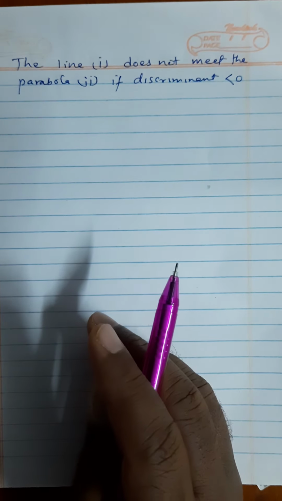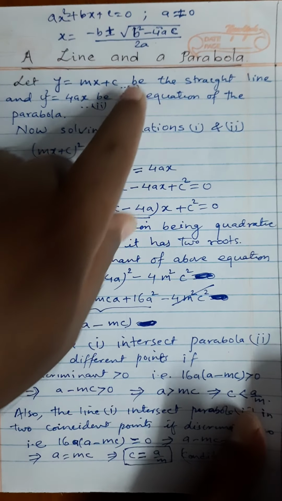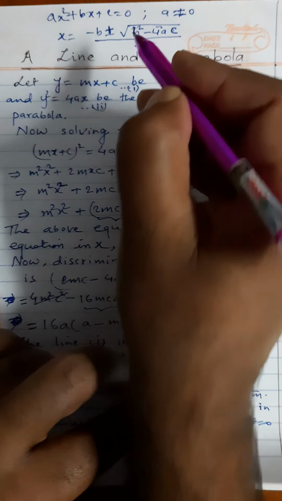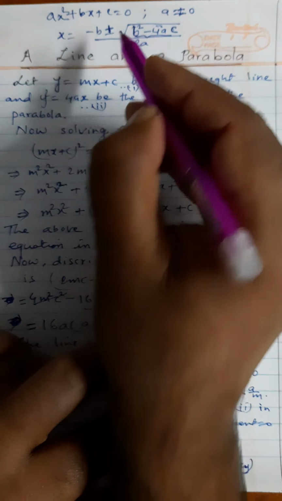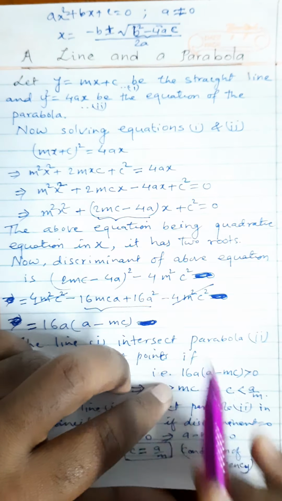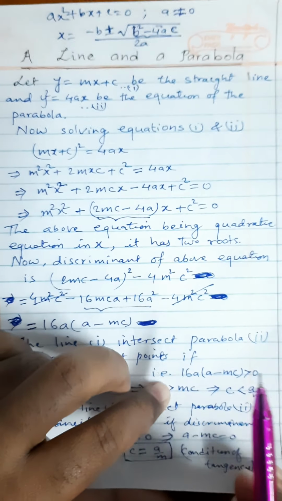If the discriminant is less than 0, then this inside root part becomes negative, so the square root of a negative quantity is imaginary. So we do not get the real value of x.